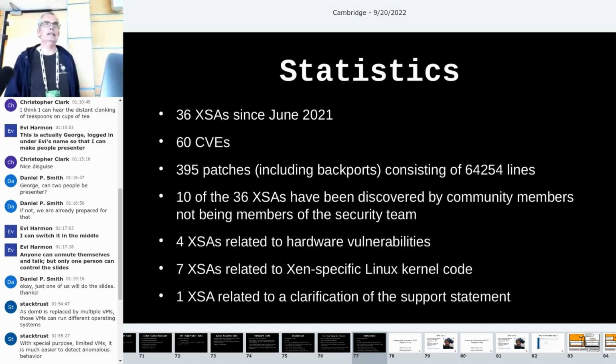And of course, we are trying to do some tests before making the patches public to check that they don't regress anything else, but often enough the computing power isn't enough or the timeline is too short. So it happens, unfortunately, one time or the other that some XSA patches are introducing other regressions. But of course, such regression tests, again, are normally to be created in the open via the open mailing lists.